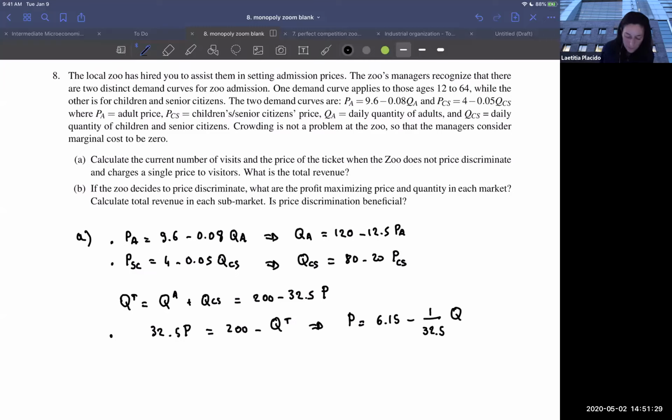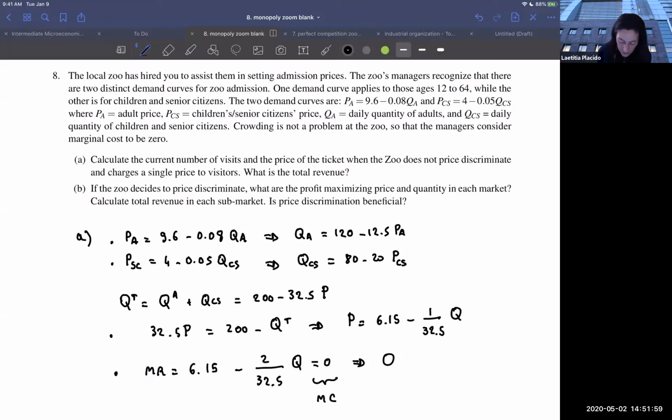Okay, so the marginal revenue curve is given by the same intercept. You keep the intercept and you double the slope: minus 2 over 32.5. And this is going to be equal to 0. Again, marginal cost is 0.